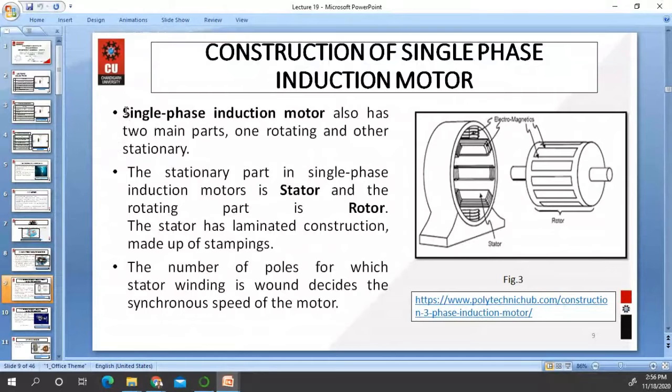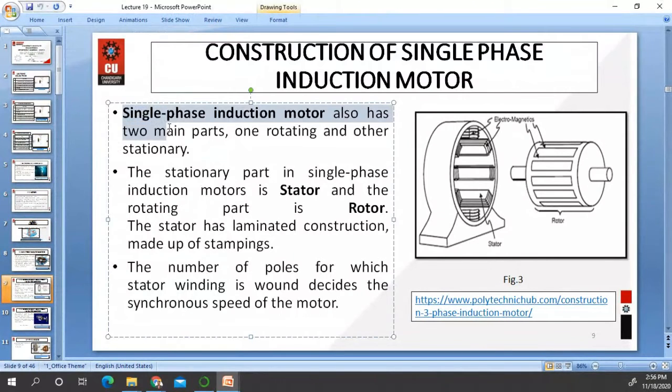So how does this single phase induction motor work? The single phase induction motor also has two main parts, one rotating and another stationary. The rotating part is called a rotor, whereas the stationary part is called a stator.